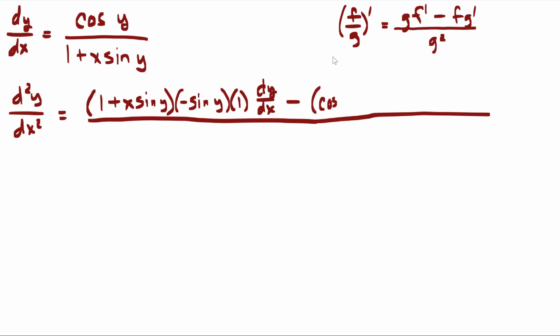Then let's go with the top function now. No change. Bottom function. Ooh, the bottom function is a product rule. So 1 goes to 0, but I've got a product between x and sine y. So first function, derivative of the second function, derivative of the inside function, dy dx. Plus, this is product rule, right?